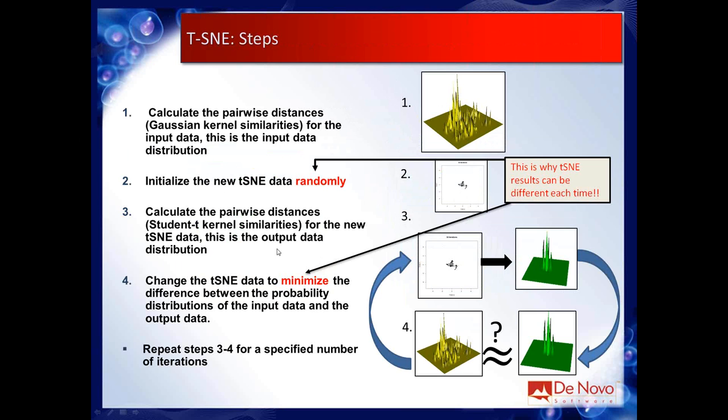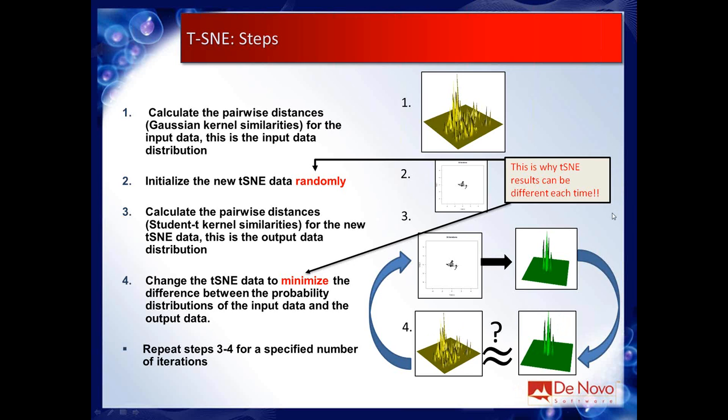And then you do this iterative thing where you calculate the pairwise distances of your tSNE data, you create a distribution, and you try to match it to the distribution of the input data. So you're just going back and forth between steps 3 and 4, and you're searching for 2-dimensional data whose distribution of distances between data points most closely matches the distribution learned on the input data.